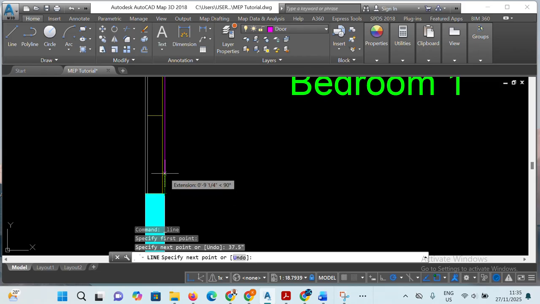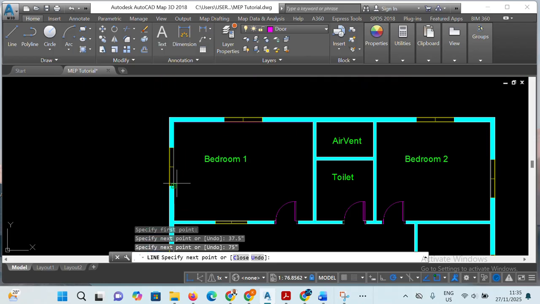Make sure that it's along the vertical line, so 75 inches, and then 37.5 inches, and that should end here.